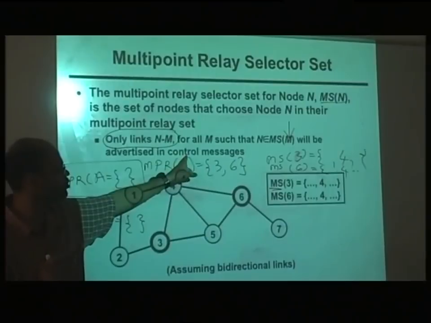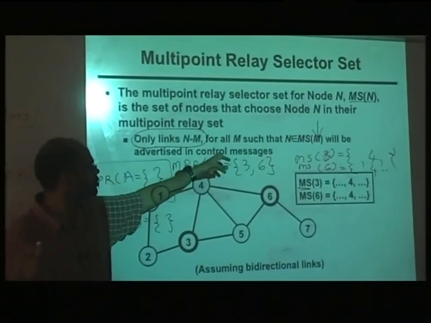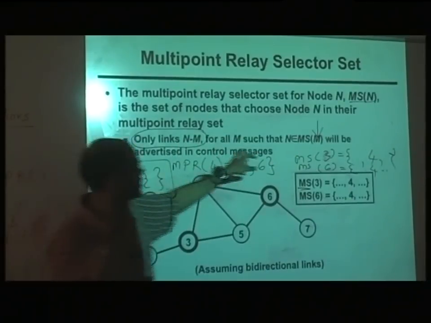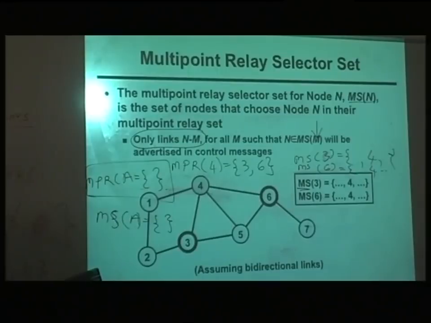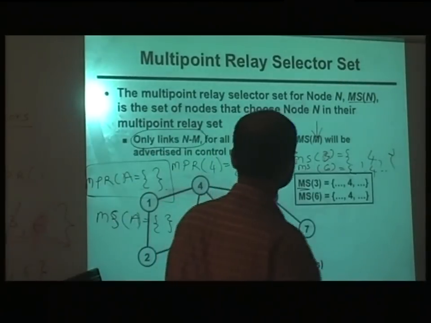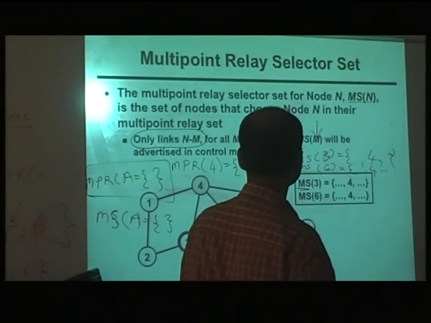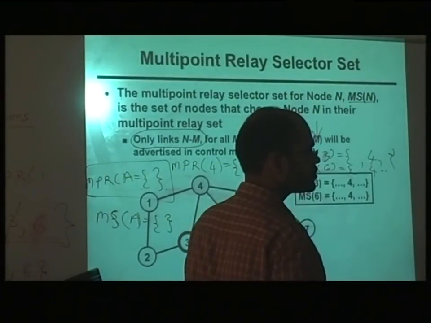So what M is going to do is find out all these links such that N belongs to MS of M. So if a node has given responsibility to node M to advertise, it will only advertise for those who have selected M. Is this clear, or should I go through this one more time?